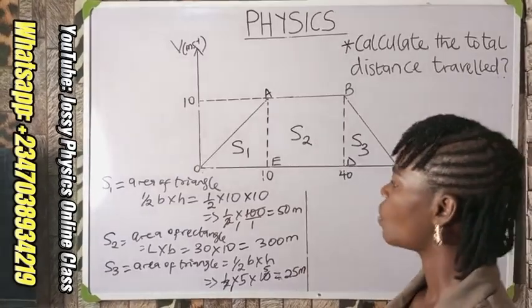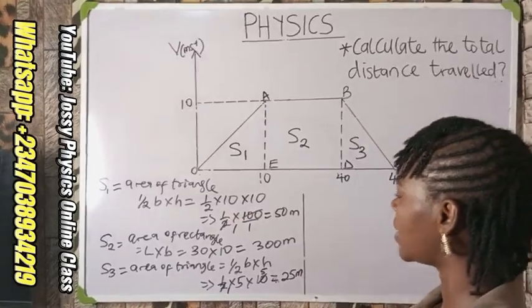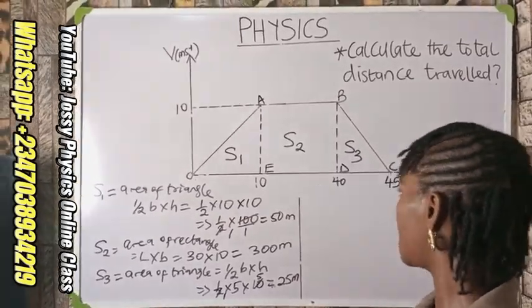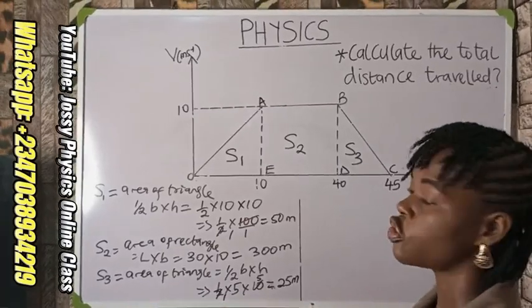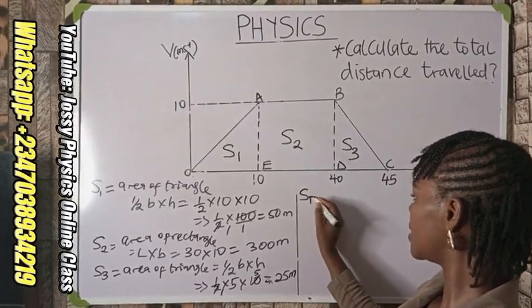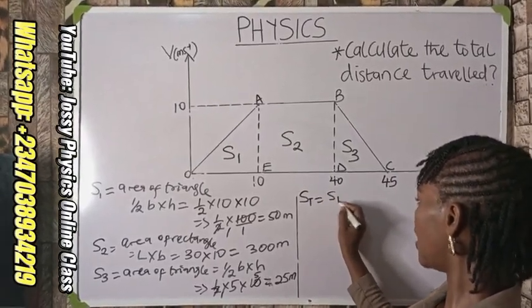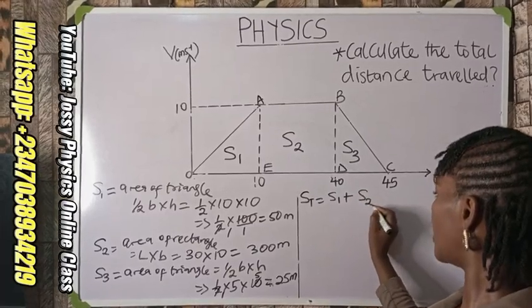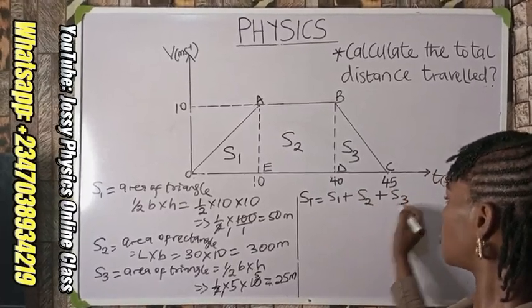So I have 25 meters. What I'm going to do now is add them together to get the total distance. So the total distance ST is equal to S1 plus S2 plus S3.